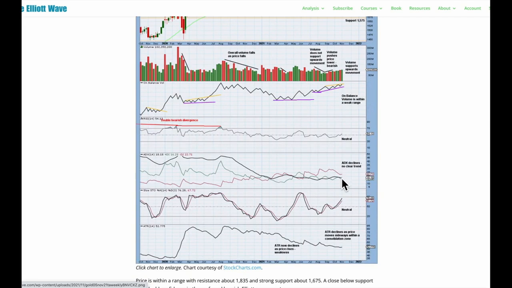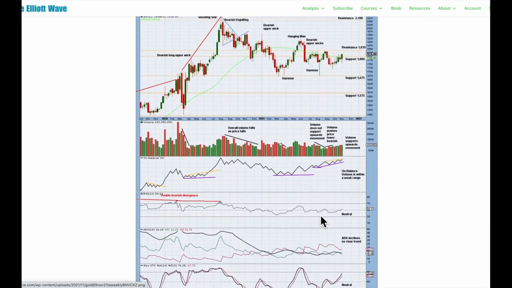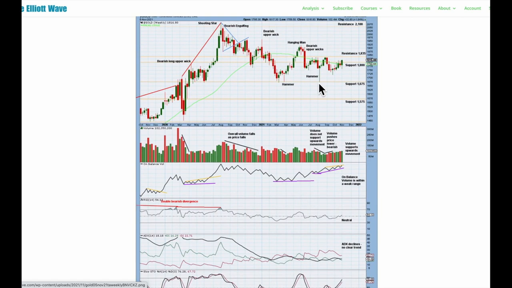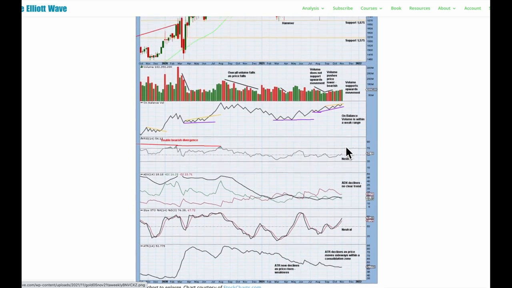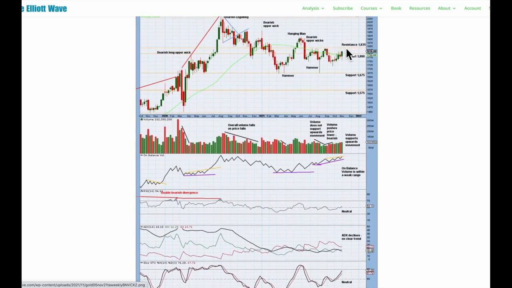ADX says there's no clear trend. Stochastics didn't quite reach oversold down at this support here, but it's moving up through neutral, trending up toward overbought. Let's expect price is likely to continue higher until price reaches resistance and stochastics reaches overbought. If that happens, then when price gets up here, it'll be really important how price behaves.